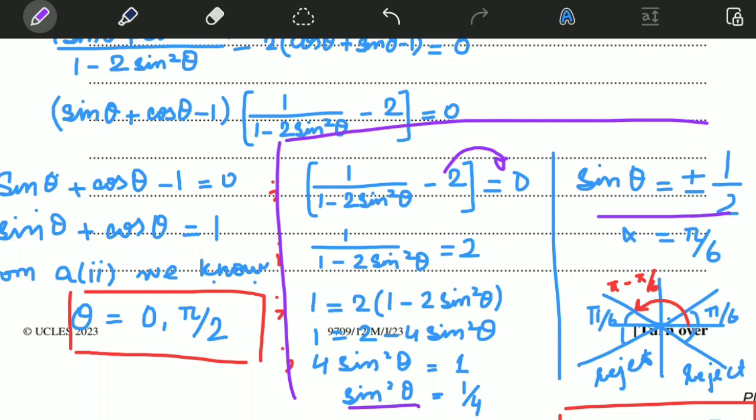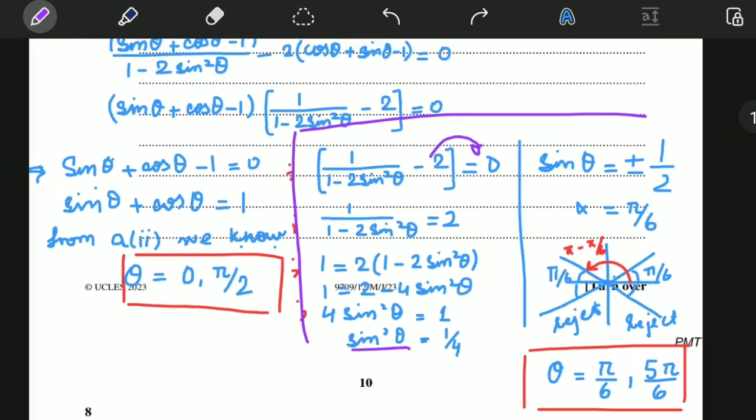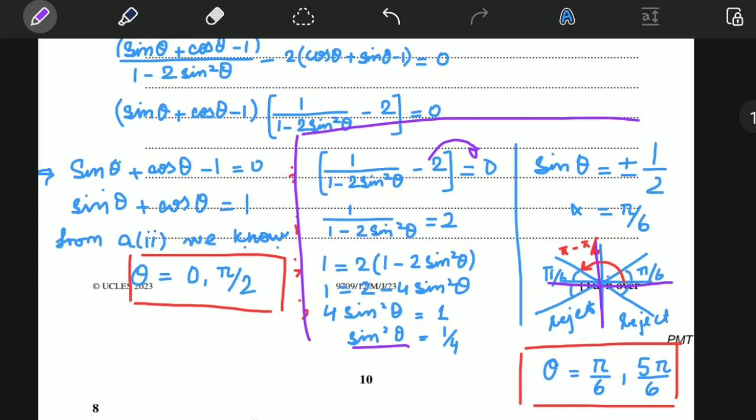And this will suggest that sin theta is equal to plus minus 1 by 2. And we know from the table that sin theta is equal to 1 by 2 when theta is equal to pi by 6. So alpha, the basic angle, will be pi by 6 or 30 degrees. Now we'll find the angle. How can we find the angle? We'll draw the grid.